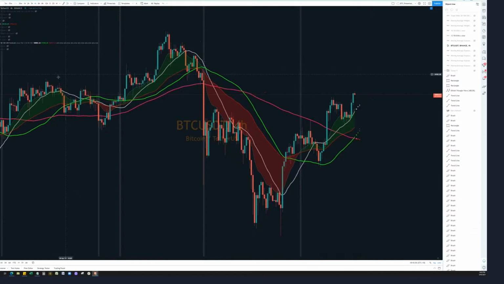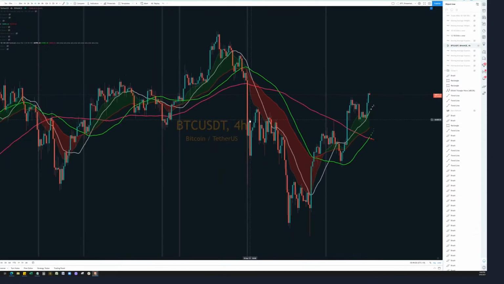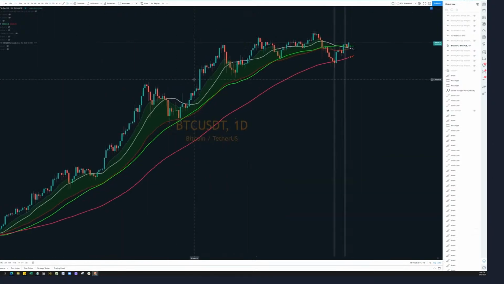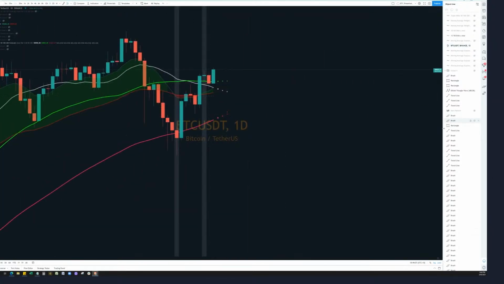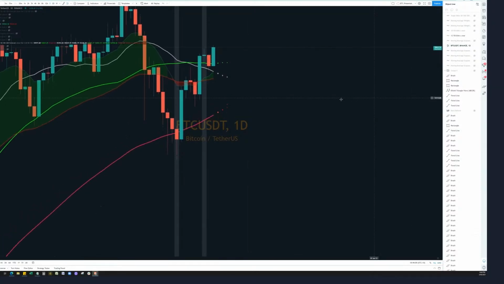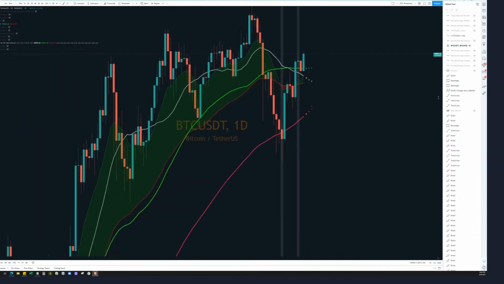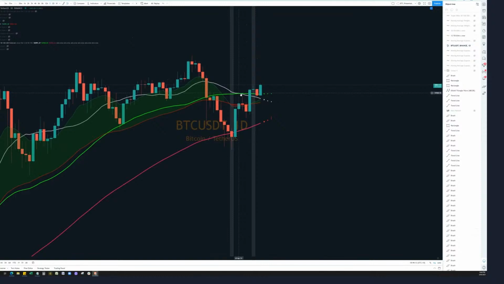So today, Bitcoin has made its move, and if you look on the daily, what I spoke about last time was things to watch and levels to watch. And one of my concerns was this death cross, and you can see how these two moving averages were starting to act like support.